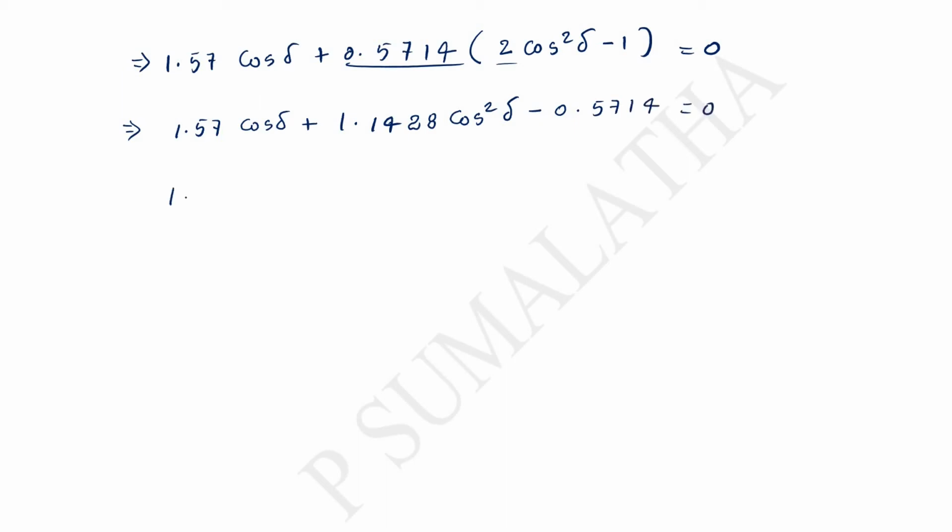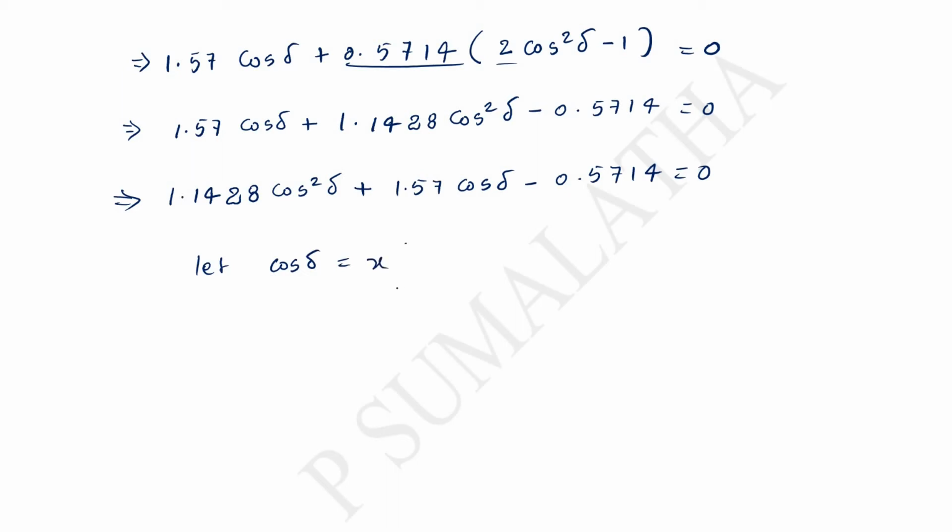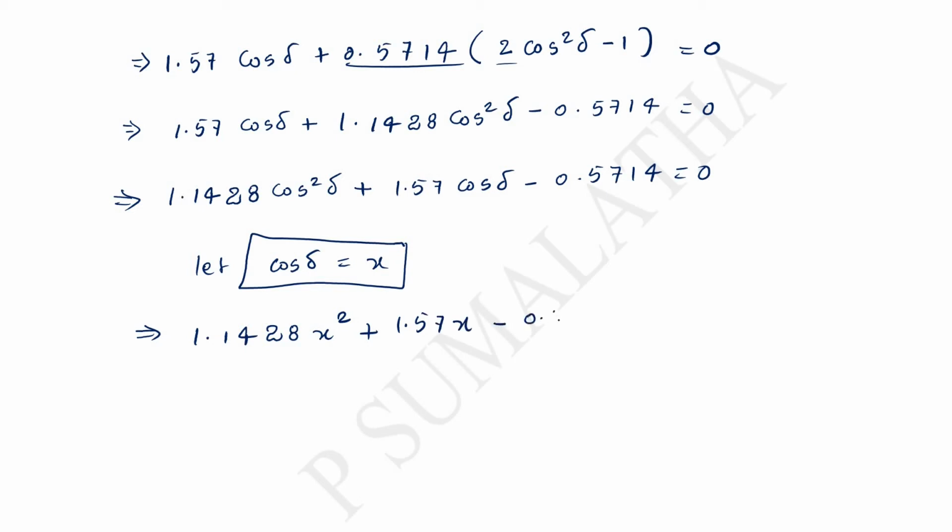So by arranging this equation, we get 1.1428 cos square del plus 1.57 cos del minus 0.5714 equal to 0. Let cos del be equal to x. So now this equation becomes 1.1428 x square plus 1.57 x minus 0.5714 equal to 0.